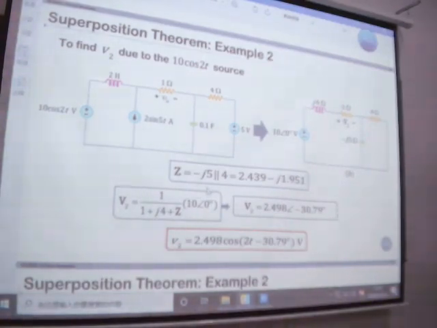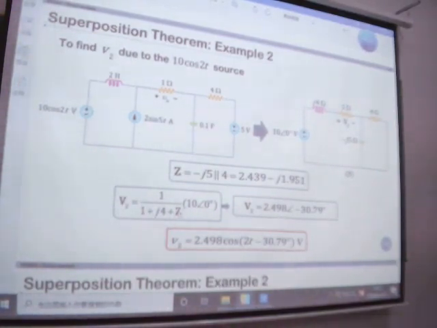The minus 5j is in parallel with 4, so it is the product over the sum. Clear? The product over the sum, and we get the value of this impedance. It's equal to this one. Then we use the voltage divider. The impedance of this one is 1 ohm, so 1 ohm over the sum.